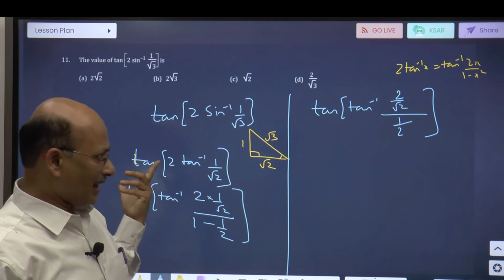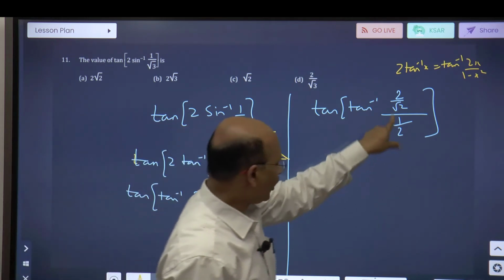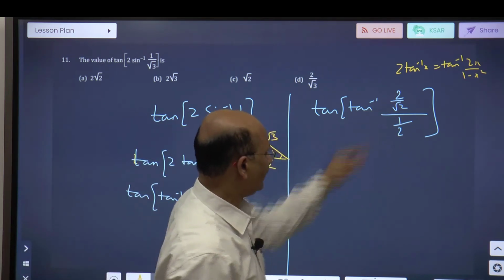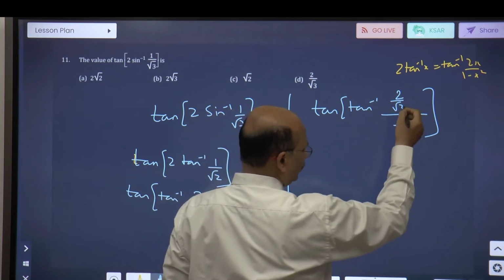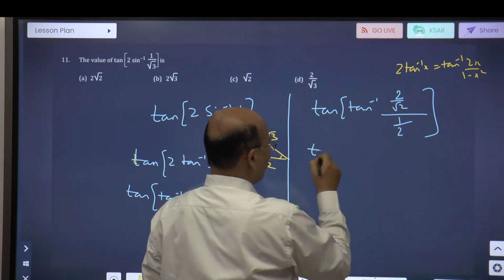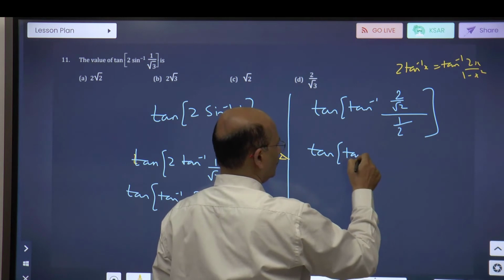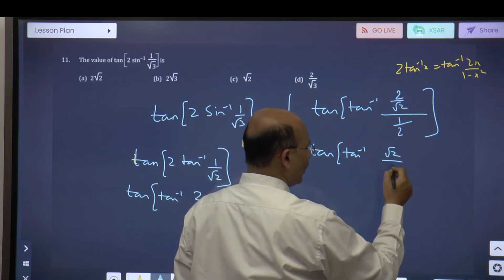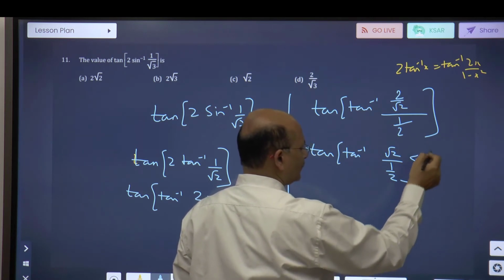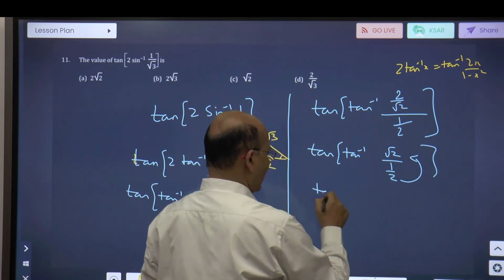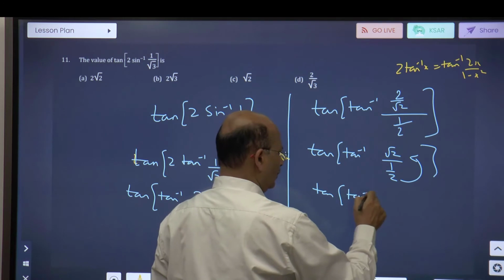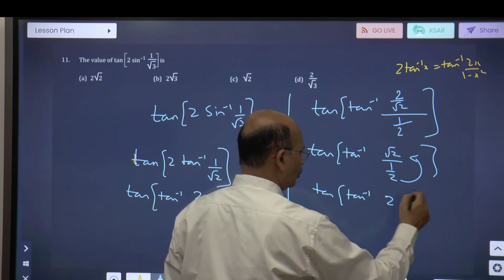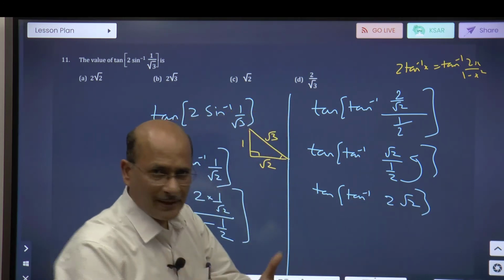So I think I am fine. Denominator of the denominator will go to the numerator. Okay, this 2 and √2 get cancelled. This will be √2 upon half. So this will go up. So this will be tan inverse 2 √2. So tan of tan inverse becomes compatible.